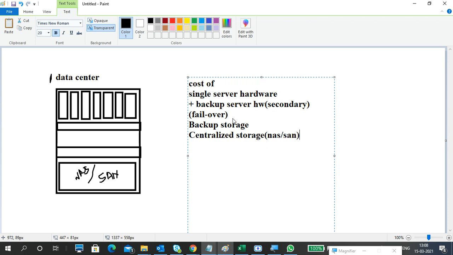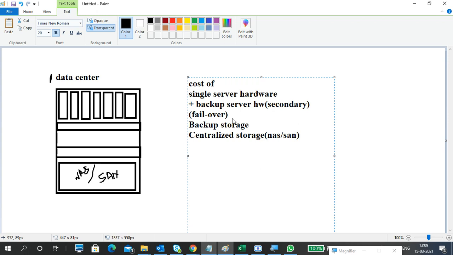Because I want to store all the data in the central place. Then the backup server can immediately give the service and take the data from central only. Because if the primary server has data and the backup server doesn't, then there's a problem. So we need the data inside a central storage, and everybody can store the data. You can upload and download the data from the central storage.